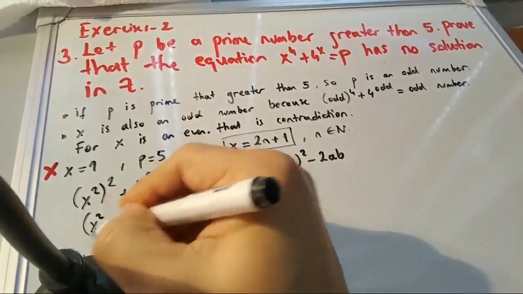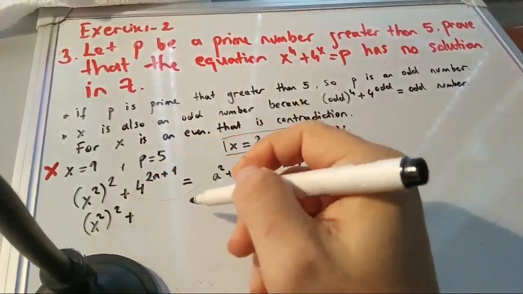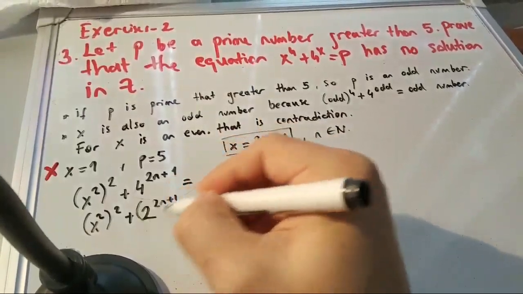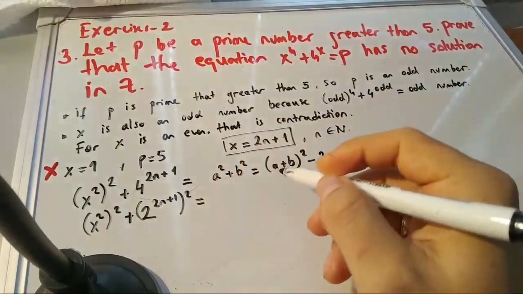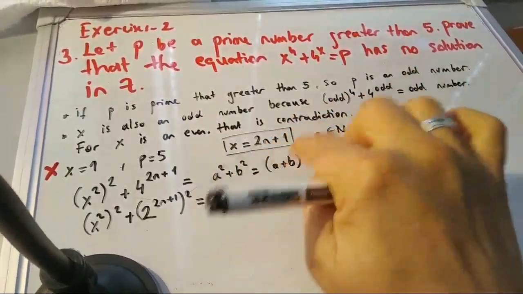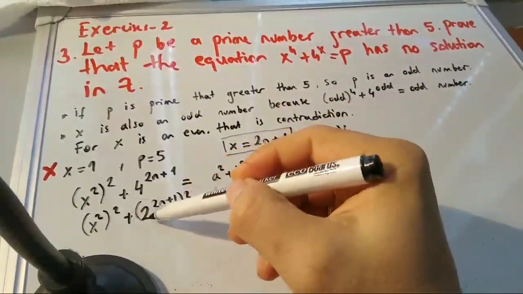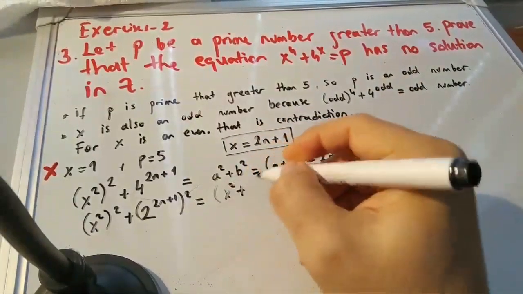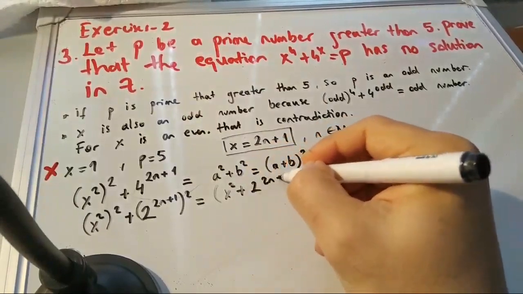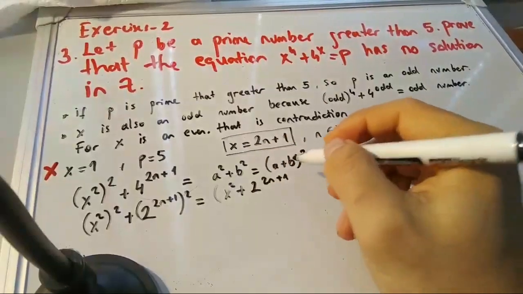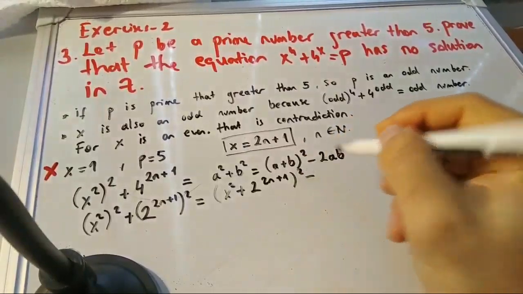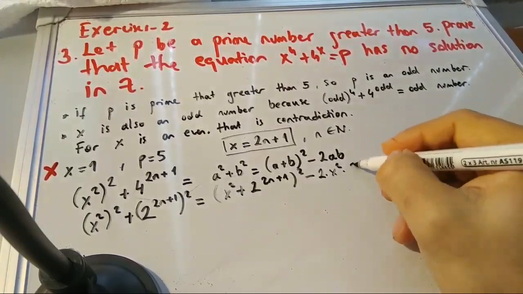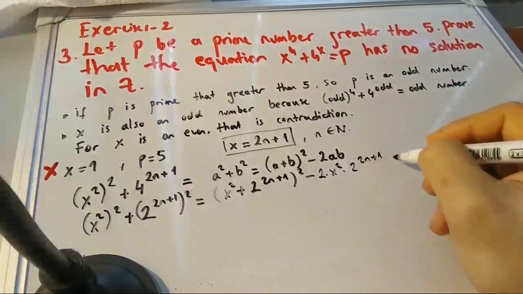So X squared to the power of 2 plus 2 to the power of 2n plus 1 is equal to a plus b squared, where a is X squared and b is 2 to the power of 2n plus 1. First we take the sum of X squared and 2 to the power of 2n plus 1, squared, minus 2 times X squared times 2 to the power of 2n plus 1.